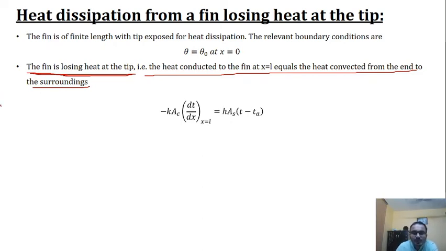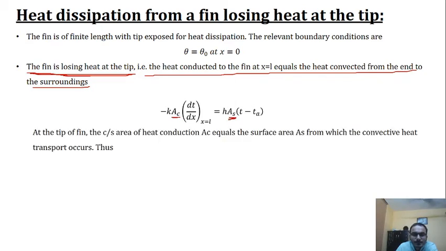You need to be careful here that while considering conduction we need to take the cross sectional area, while in convection we are taking the surface area. So at the tip of the fin, the cross sectional area of heat conduction Ac is equal to the surface area from which the convective heat transport occurs. So let us think of it in this way.